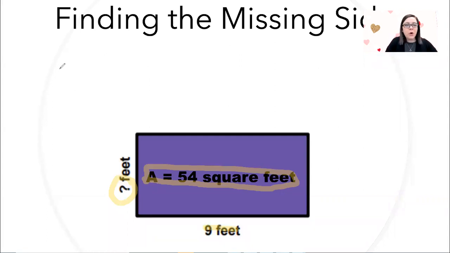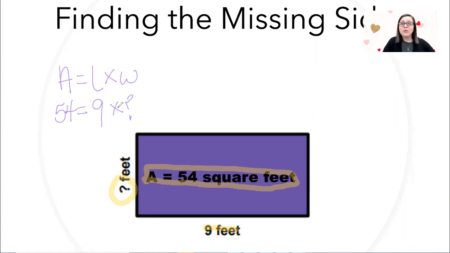So what we're going to have to do when we face a problem like this is we have to work backwards. So if you remember, the formula for area is length times width. Well, if I know that the area is 54 square feet, and I know that the length is 9, but I don't know the width, I have to use the inverse operation.